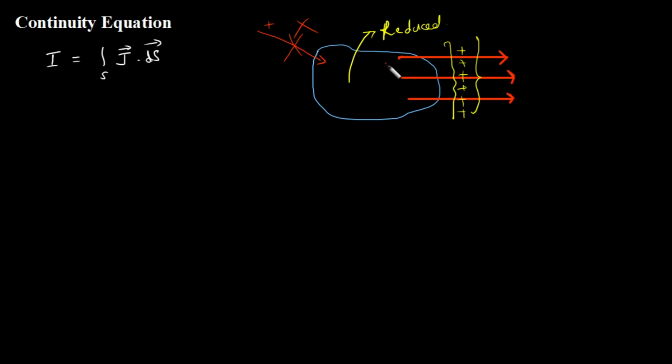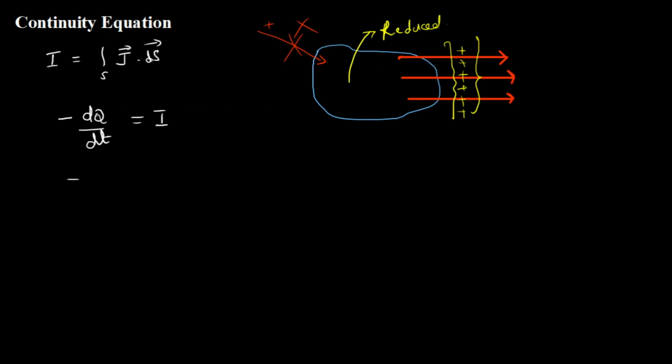If capital Q is the total charge within the closed surface, then the rate of change of charge can be represented as dq by dt, which we have also discussed. But here it is the rate of decrease of charge, so it is denoted by a negative sign. So minus dq by dt, the rate of decrement of Q, should be equal to current, as per conservation of charge.